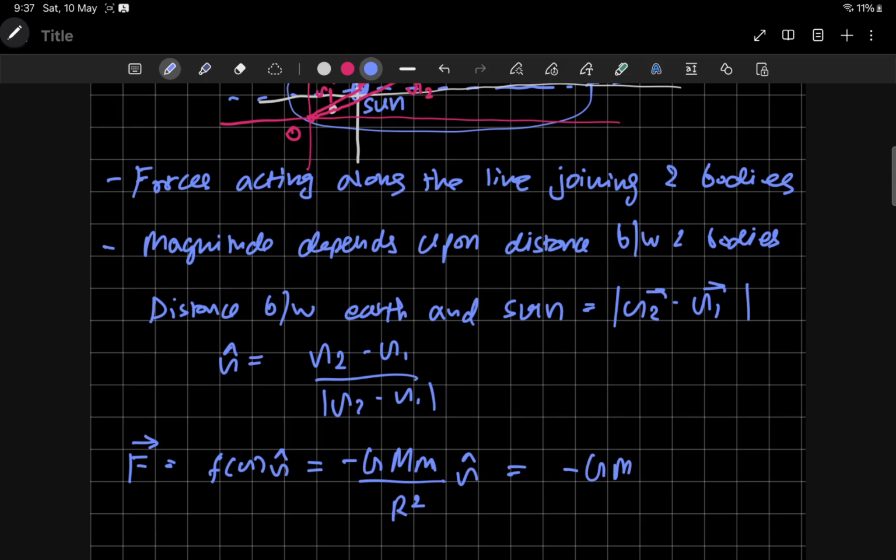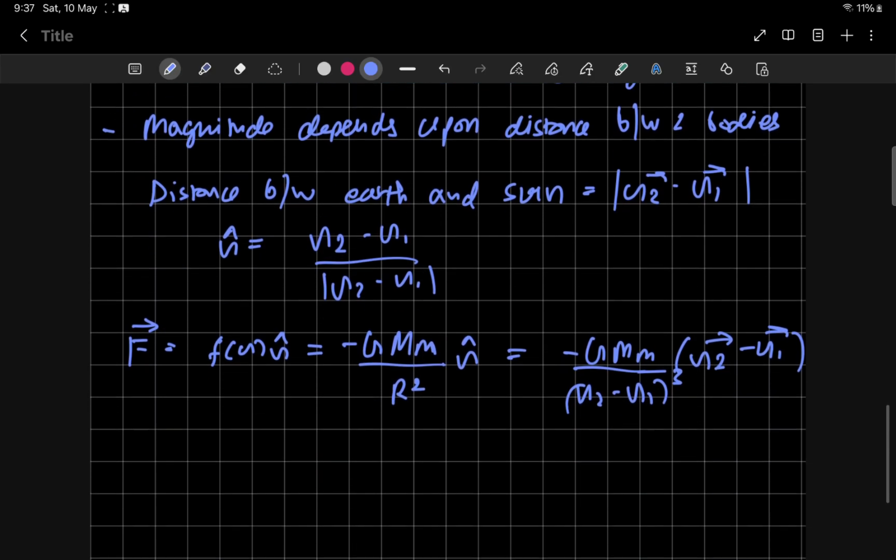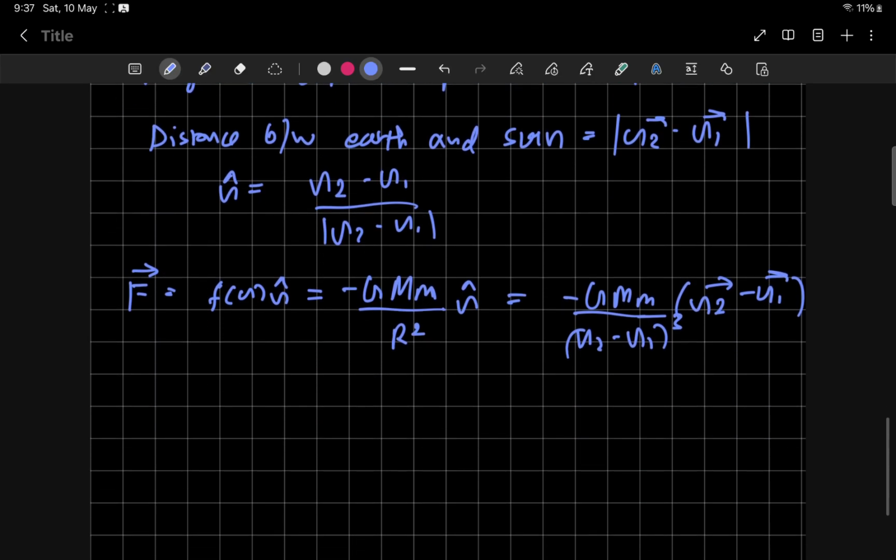So vectorially it is represented like this, and, more importantly, your gravitational force is a central force.